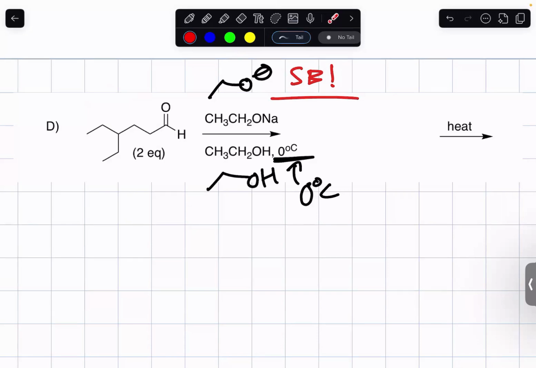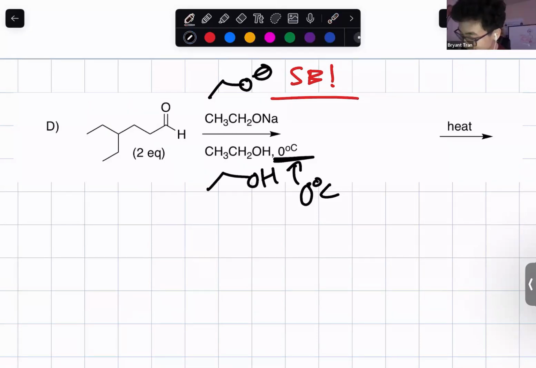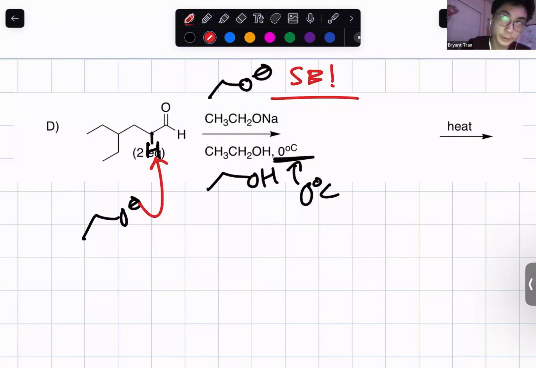Alpha carbon. Yes. We're going to draw out that alpha hydrogen to deprotonate the alpha carbon. This strong base here is going to grab that hydrogen, and since this is not a mechanism problem, you don't have to worry about the resonance structures here.